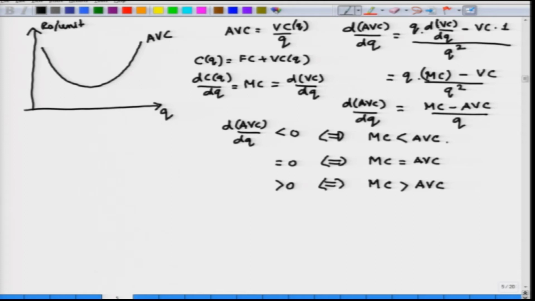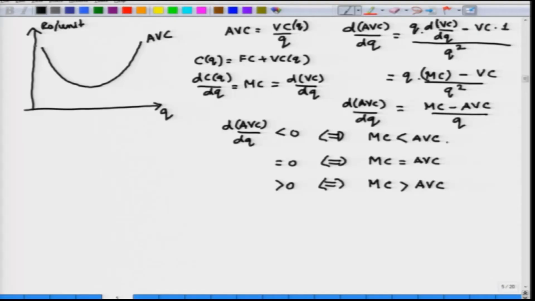Now, the same relationship also holds if instead of starting with average variable cost, I started with the variable cost. So, my marginal cost is less than the average variable cost when the average variable cost is falling.